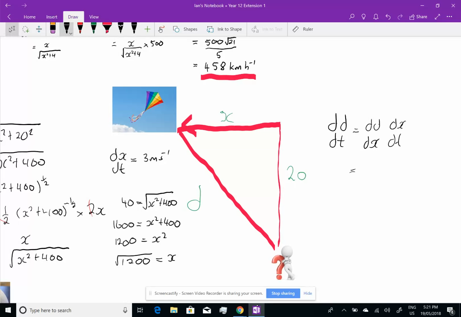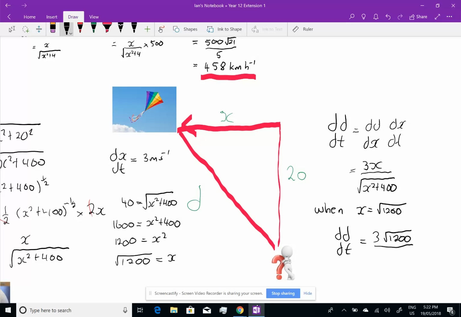Now, dD/dx is x on the square root of x squared plus 400, and dx/dt is 3, so I'm just going to put a 3 in front of that. When the distance is 40, that's when x equals root 1200. So dD/dt equals 3 root 1200 over the square root.